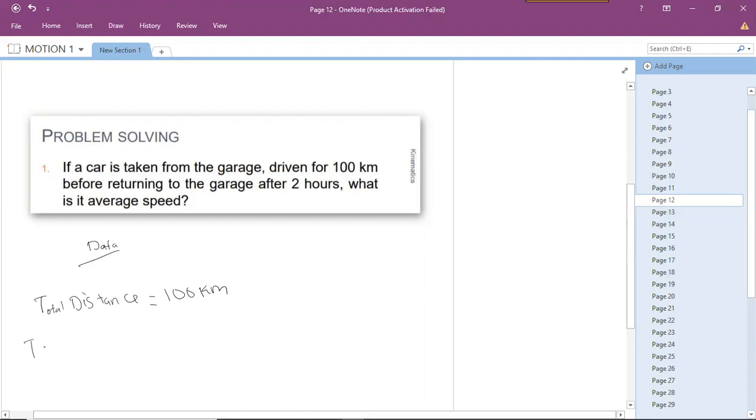So total time is 2 hours. Then the question says, calculate average speed. It just has to click in your head: they want us to calculate average speed. The first thing that you tell them is the formula. You tell the examiner, I know the formula for average speed. So you say average speed.